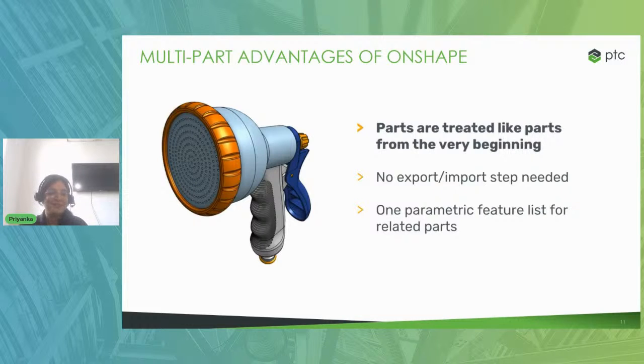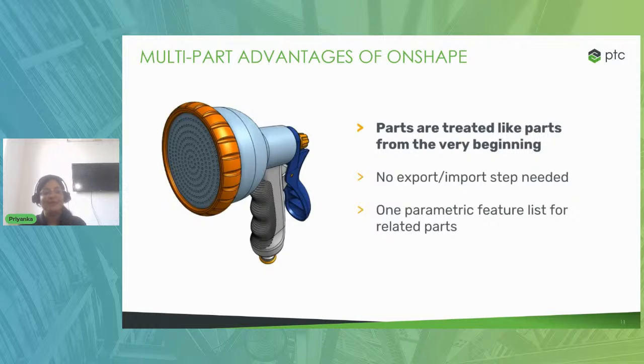The last thing I would like to talk about is the advantage of Onshape. From the beginning, what I have explained is that you are working on real parts. In any traditional file-based system, you were working on the bodies.